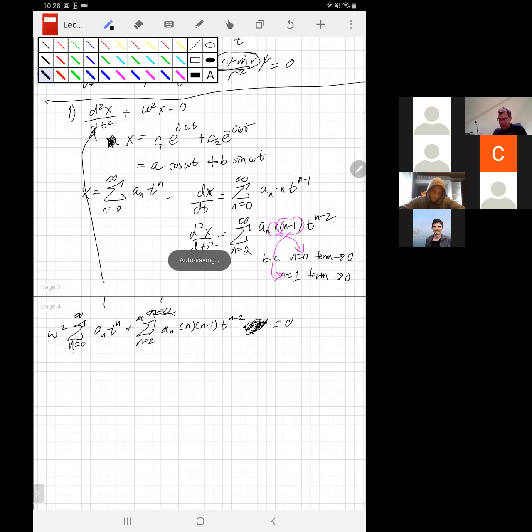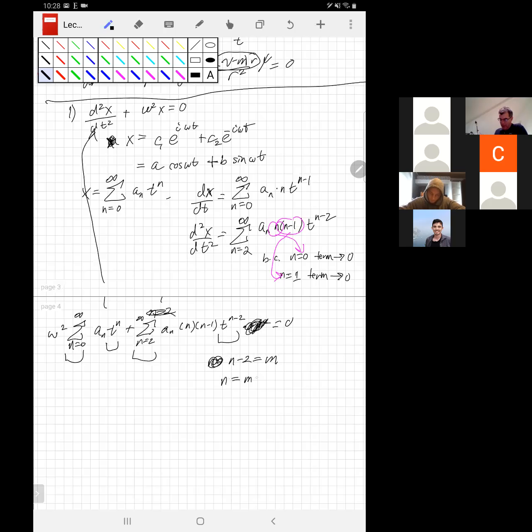But aside from the fact that this starts at 0 and this starts at 2, this has t to the n minus 2 and this has t to the n. So I want to say that n minus 2 equals m.